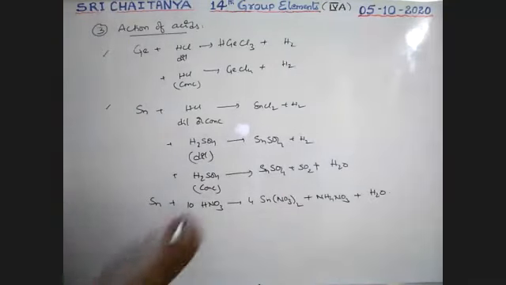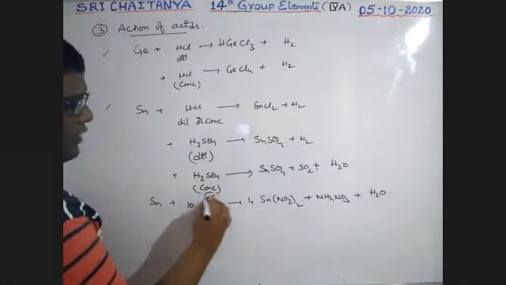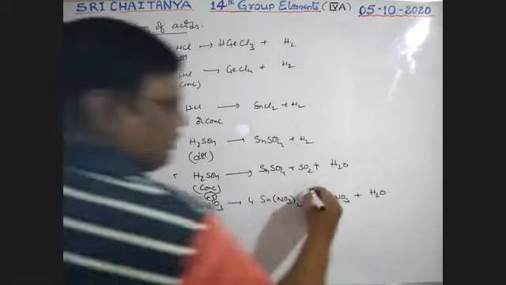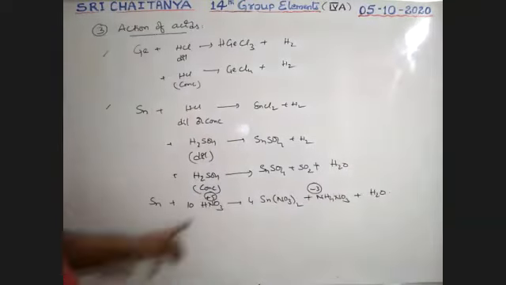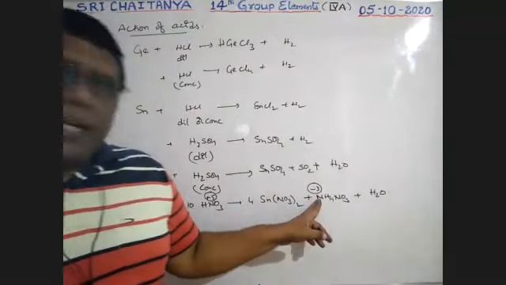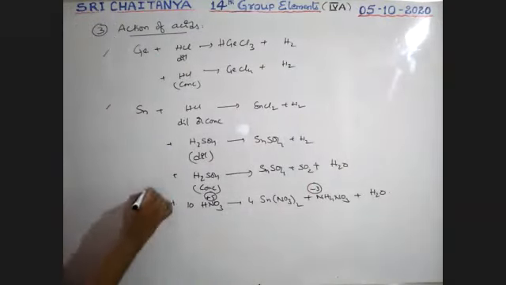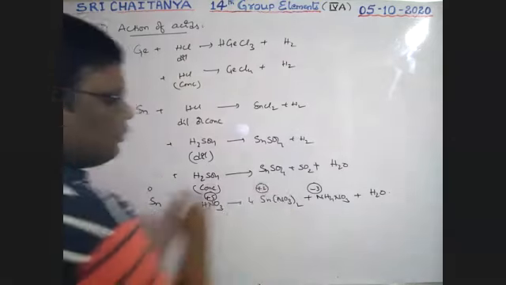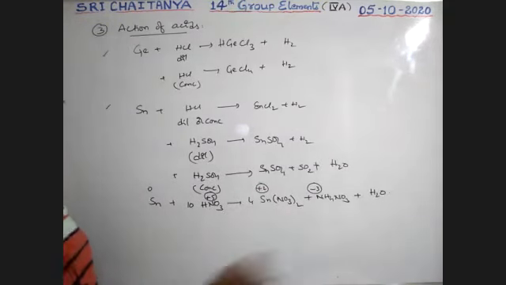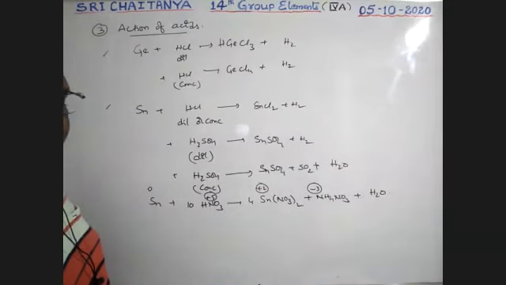Okay, here boys, nitrogen has a +5 state. Here nitrogen has a -3 state. So that means +5 to -3, reduced, so it acts as an oxidizing agent. Here tin goes from 0 to +2, oxidized.